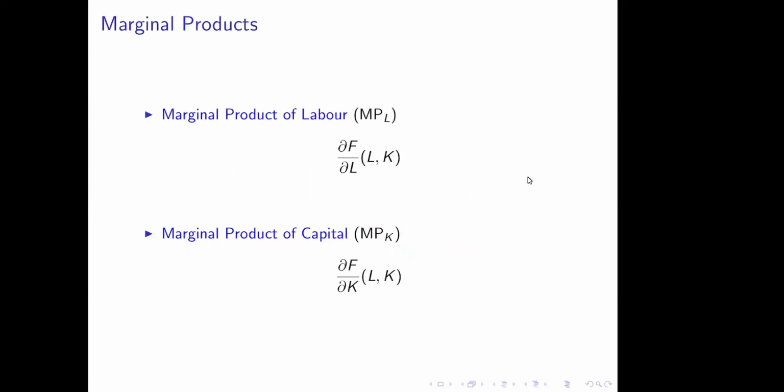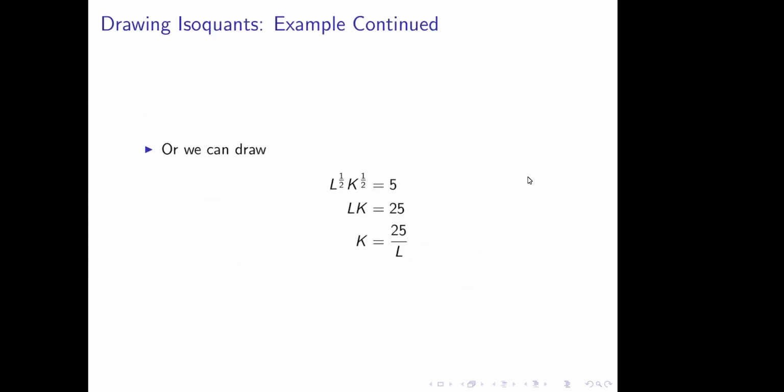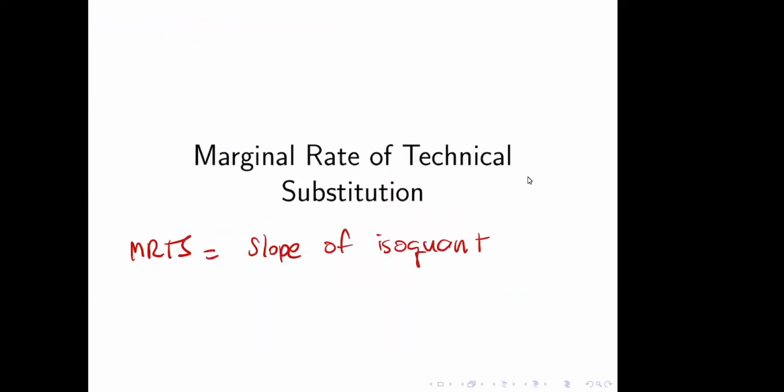So you can either compute the slope of an isoquant based on this function, if you know the particular amount of output y and the production function, you can derive the isoquant curve and then find its slope.